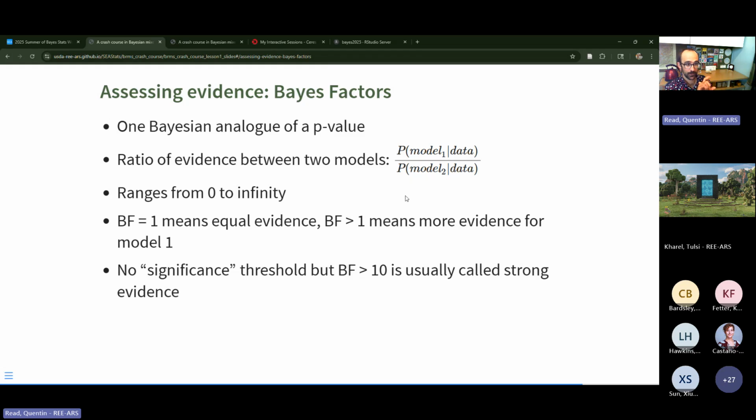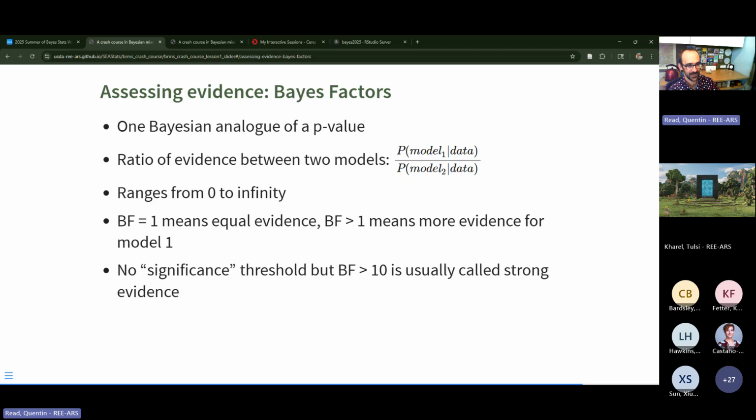Now, if it's equal to 1, that means we have equal evidence for the two models. One of them is as equally likely to be true as the other. And if it's greater than 1, then the one in the numerator, model 1, has more evidence. Now, there's no universally agreed upon significance threshold, like the common p equals 0.05 cutoff doesn't really exist, but many authors have sort of thrown out the number 10.